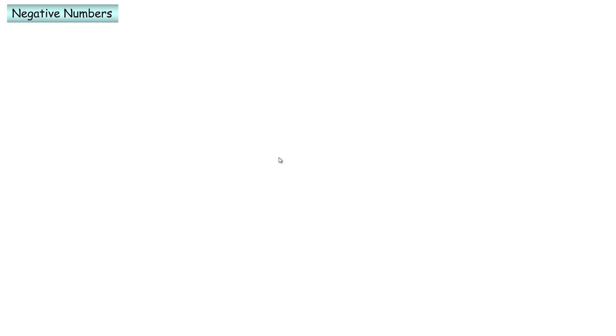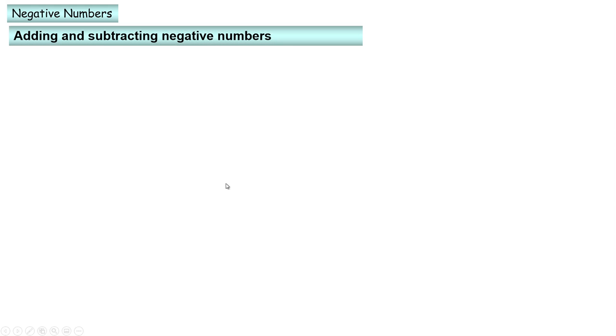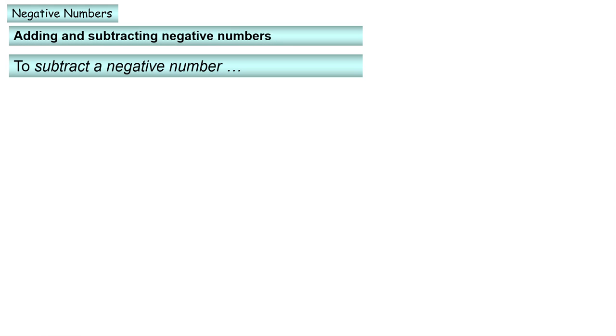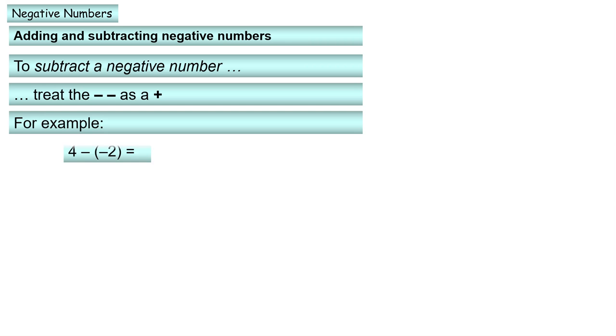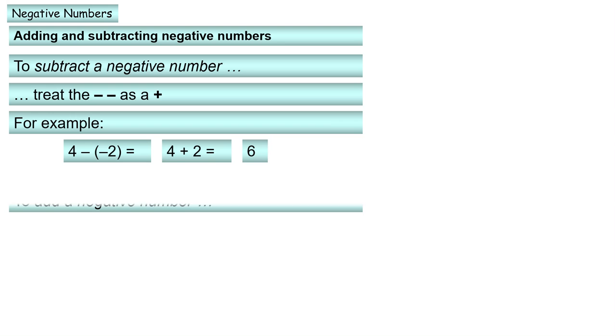So, adding and subtracting with negative numbers, I know. You're going to be very good at these. So to subtract a negative number, if we see two negatives, we treat them as a positive. So if we have 4 minus minus 2, that becomes 4 plus 2, which is simply 6.